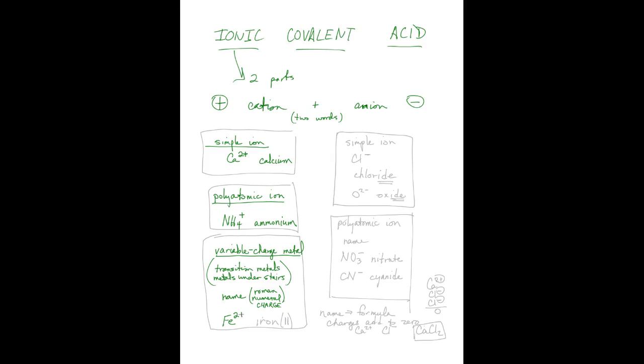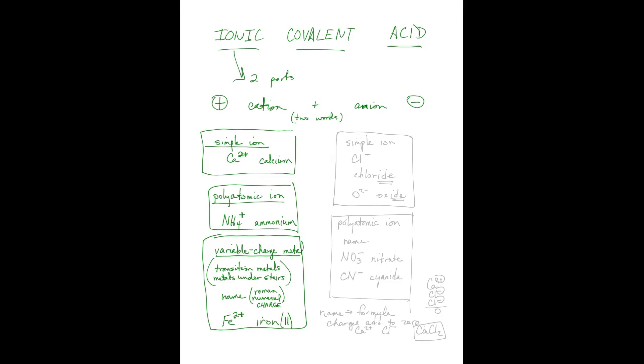If our iron atom, instead of being an atom, is an ion, and it has a 2+ charge, then we would write iron, Roman numeral, right next to it, 2, because the iron has a 2+ charge, and close the parentheses, and that's the name of the ion. It's an iron 2 ion. So there's three kinds of cations we might have: the simple ion, the polyatomic ion, or the variable charge metal. Then, so that's the first word we write down.